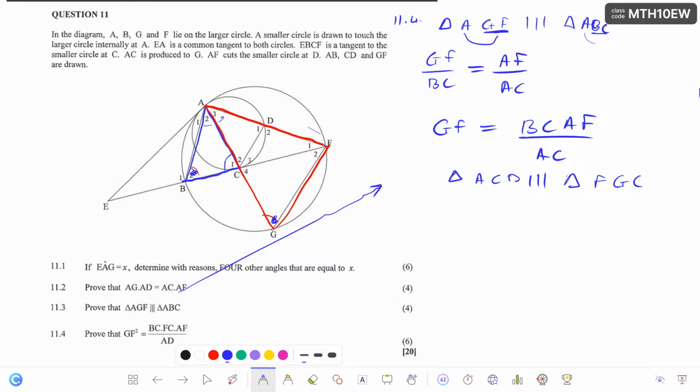I'm saying this triangle ACD is similar to triangle FGC.